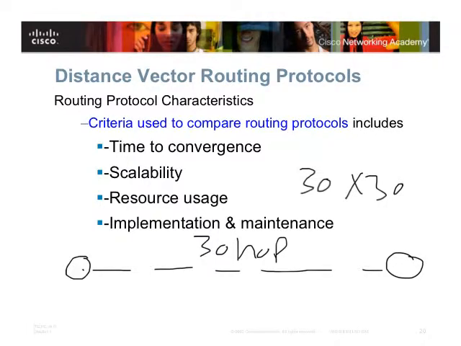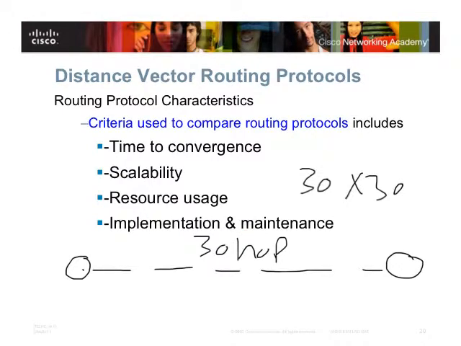So you have to keep updating these values every now and then, especially if we're talking about changing these values in real time. So the load changes in real time. The reliability changes in real time. So you have to update these values every now and then. So this is what we mean by maintenance.